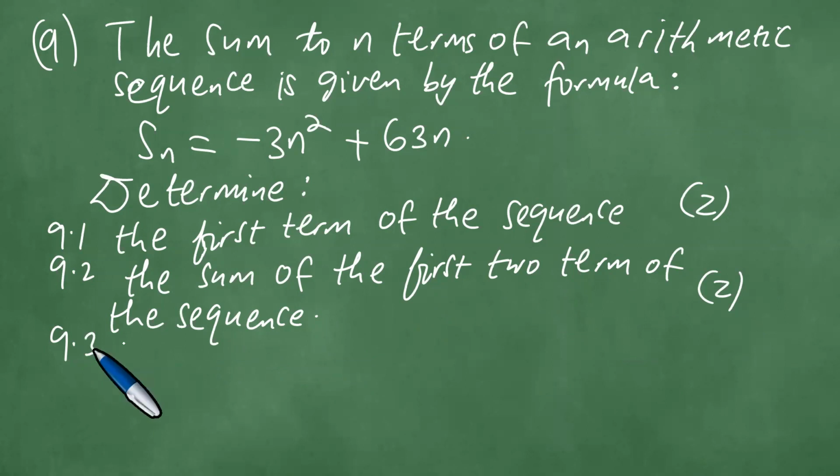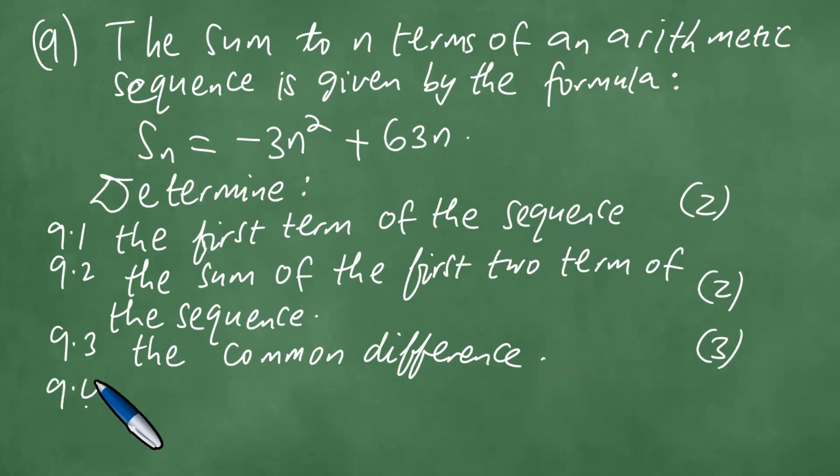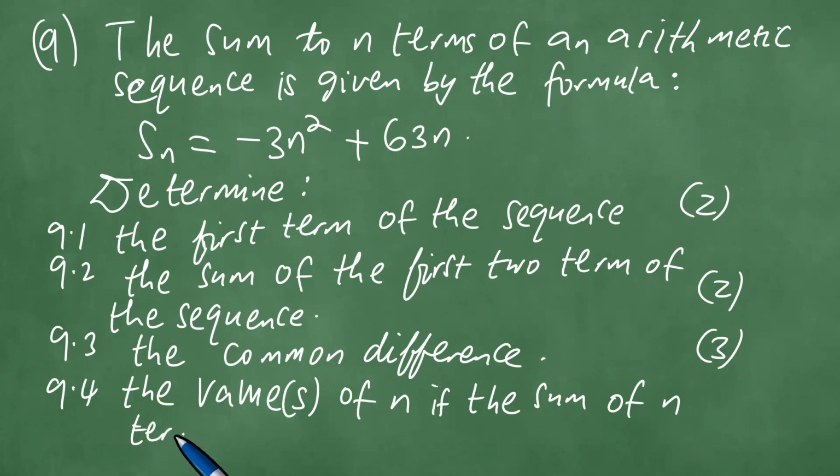Two marks. 9.3, the common difference. 9.4, the value or values of n if the sum of n terms is 294.